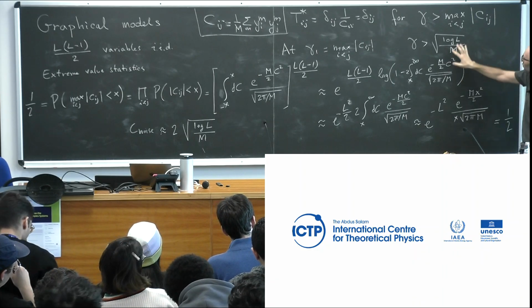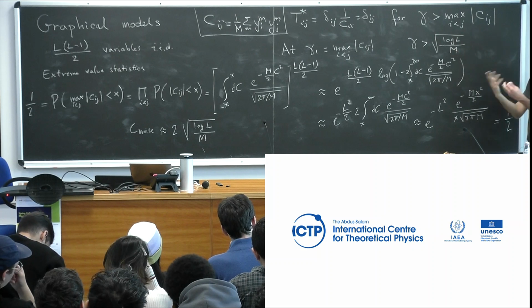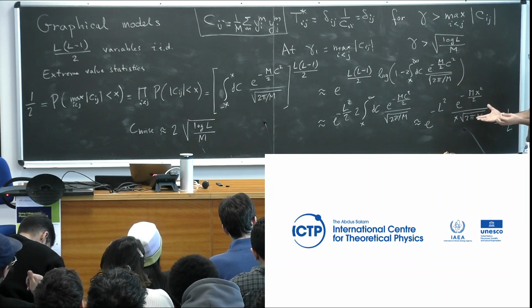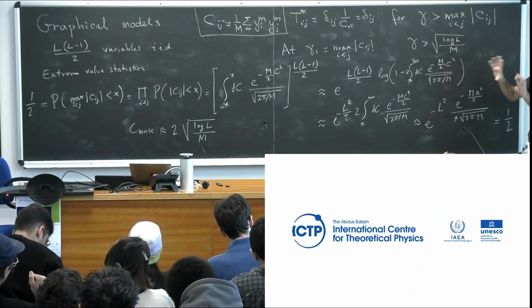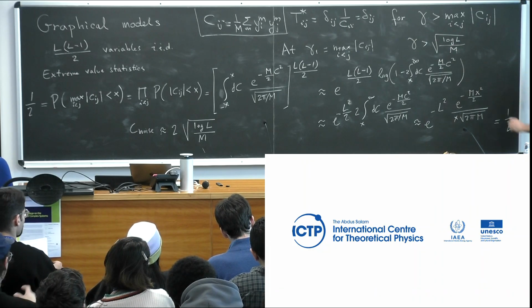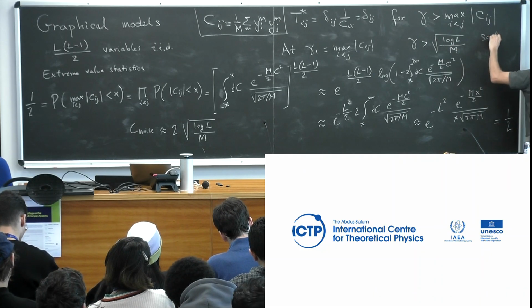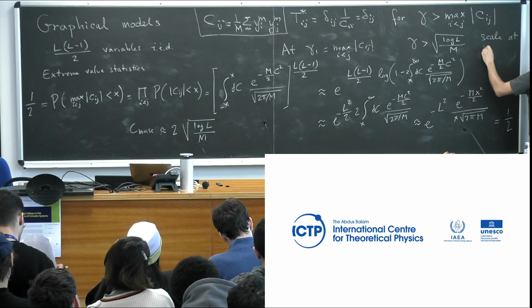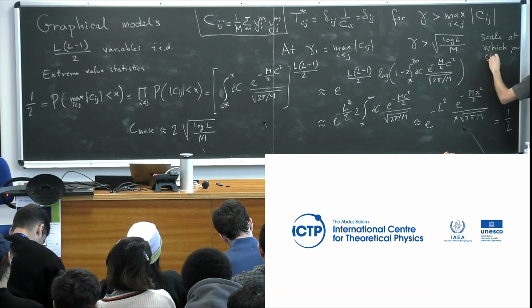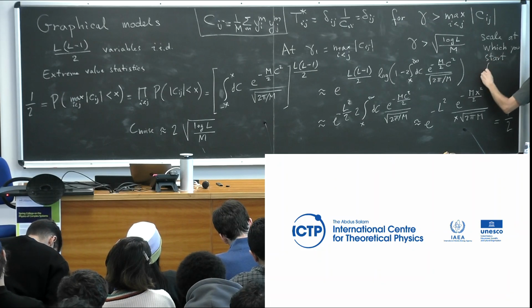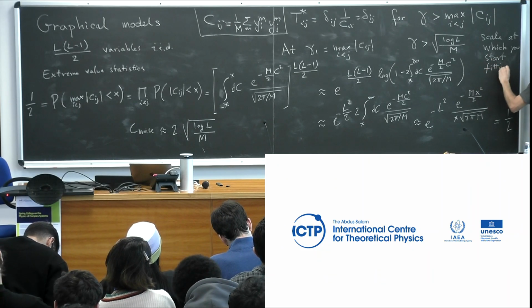And when gamma goes below this value, I start to have non-zero matrix elements, which means I'm fitting the noise. So this gives you a scale. It's an order of magnitude calculation, but it gives you a scale at which you start fitting the noise, which means you start overfitting.